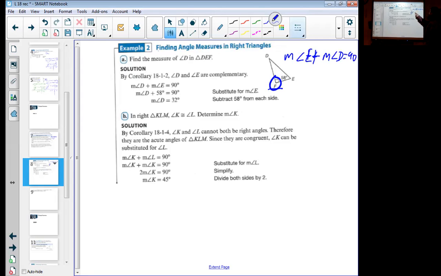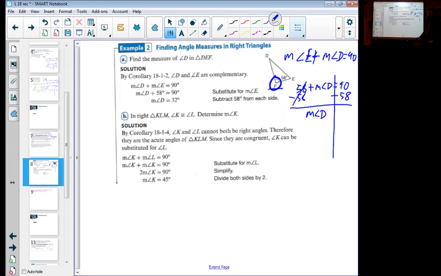Because the measure of angle E is 58 degrees, we know that 58 plus the measure of angle D is equal to 90. To get rid of the plus 58, we subtract 58 from both sides. The 58s cancel out, and we're left with the measure of angle D.